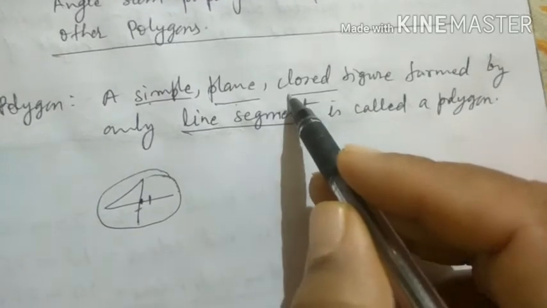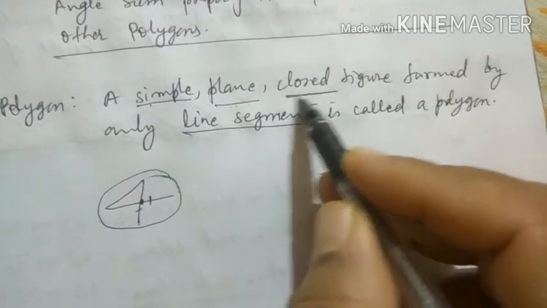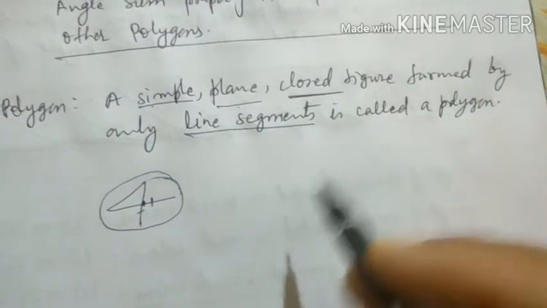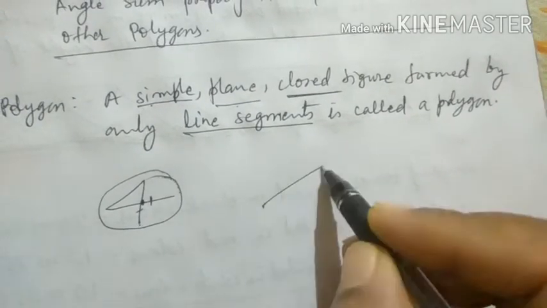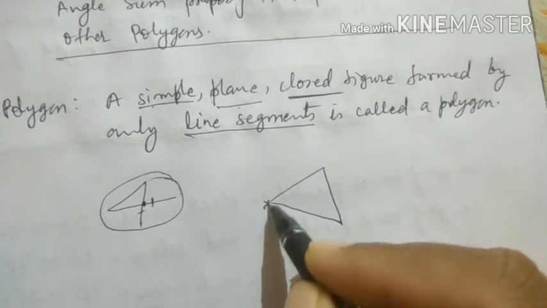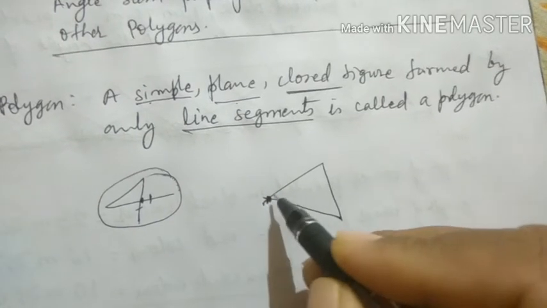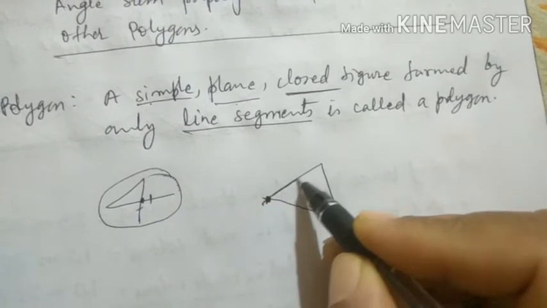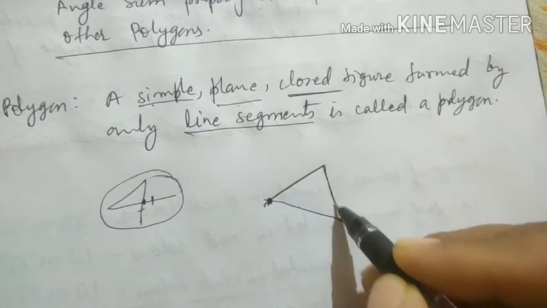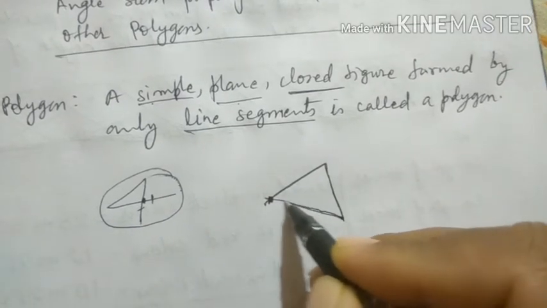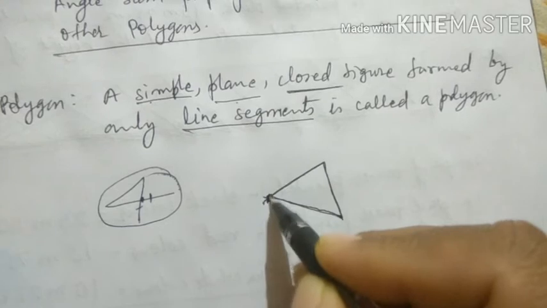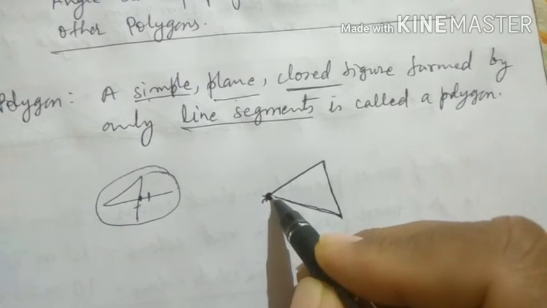Okay. And closed. What does closed mean? Suppose it is a triangle. Suppose this is the starting point or initial point. If we start from here and go around, we see that the starting point and final point are the same.